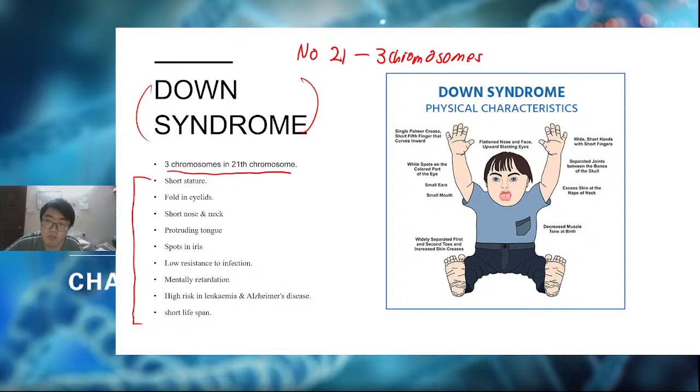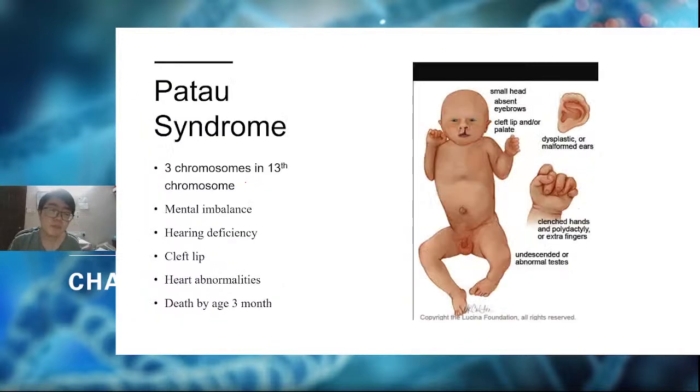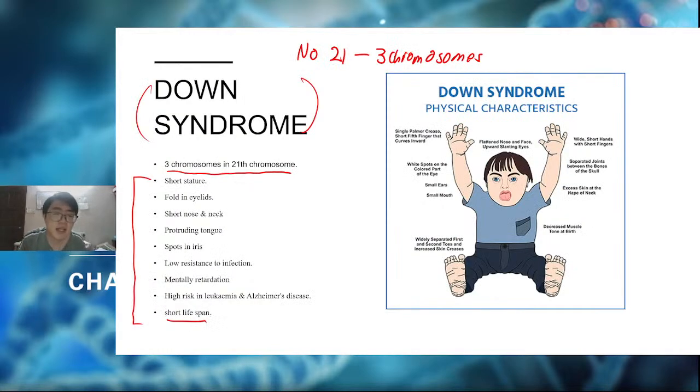There are spots in the iris. They have low resistance to infection, meaning the immune system is very weak. They have some type of mental retardation, high risk of leukemia and Alzheimer's disease, and a short lifespan. Most people with this syndrome have a short lifespan. This is the most famous one, which I think you already learned in early SPM.